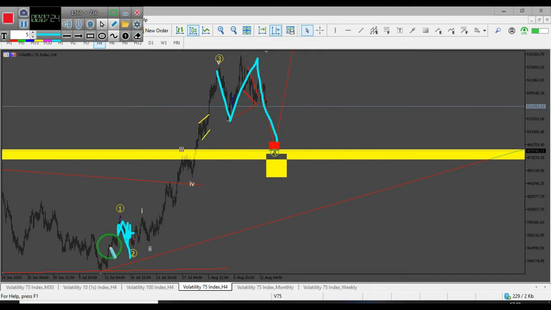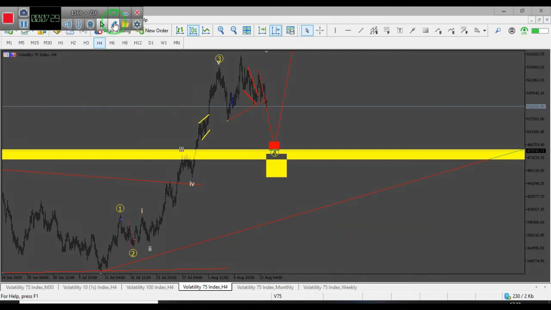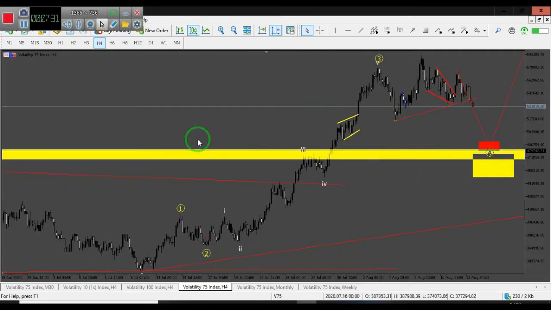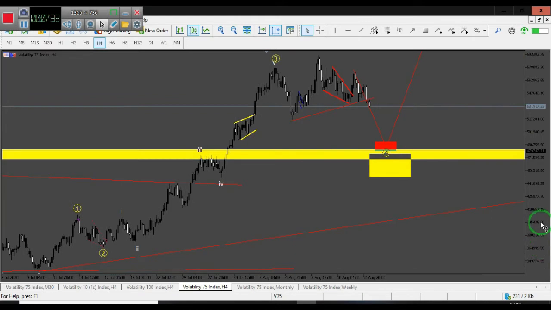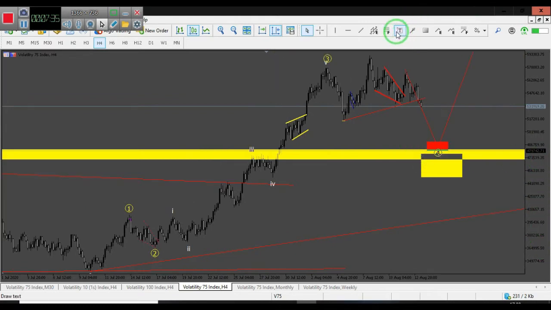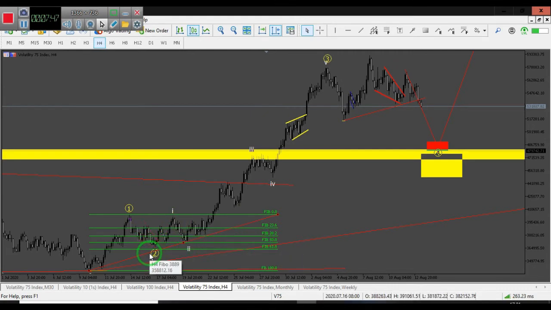So wave 2 here, let's do it together. If wave 2 is between 50 and 61.8, our wave 4 will be between 23 and 38.